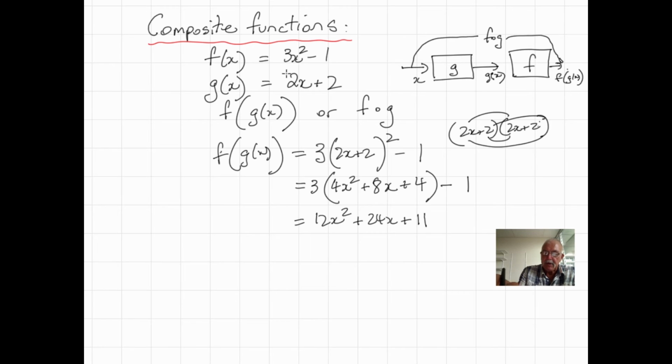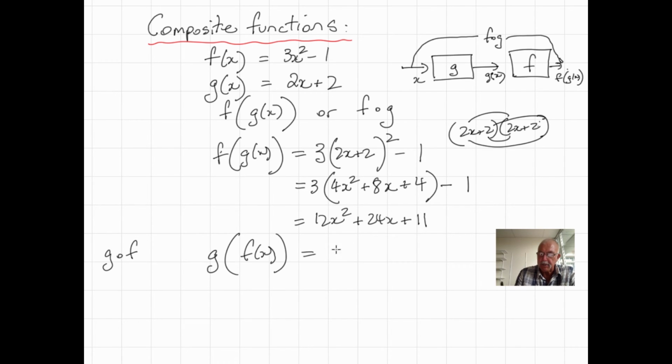Another way to combine these functions to make composite functions is to find g of f of x. So that's also a composite function. Another way of writing that would be by putting that down. So this says that the f function is input to the g function.